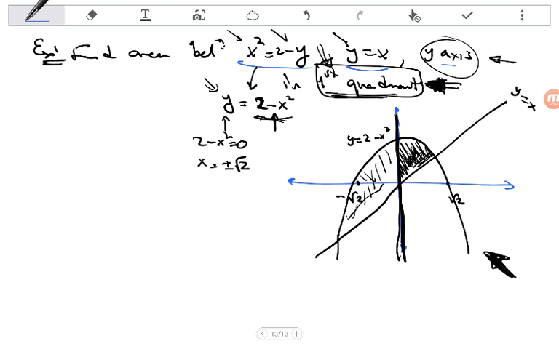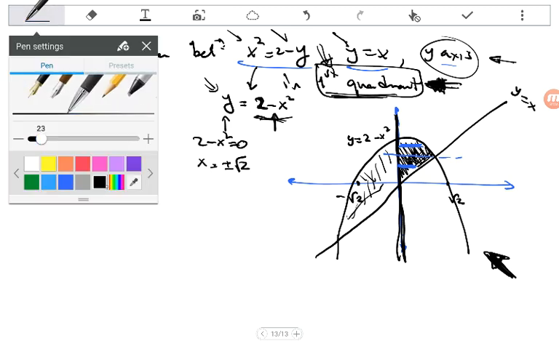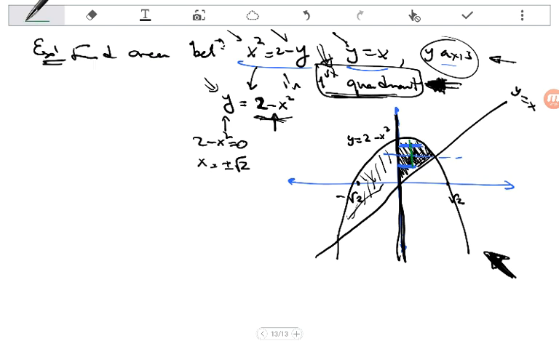What would be better, if I take it as a horizontal strip or a vertical strip? If I took it as a horizontal strip, how many strips would I need? Two. I would need to separate the area like this, because I have here a strip and I have here another strip. Each strip has different limits. But if I made it with a vertical strip, what would be the result? Yes, I will need only one strip to cover the whole area.